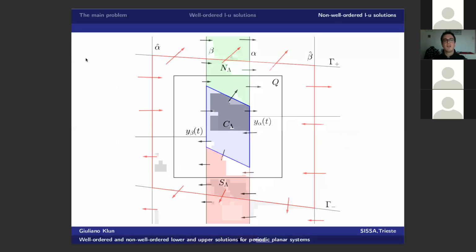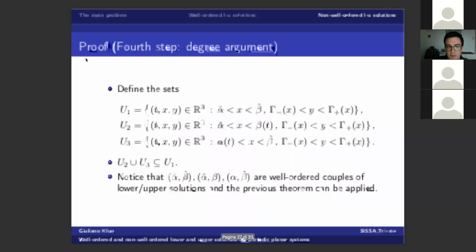The situation in the phase plane is the following. With the two functions capital gamma plus and capital gamma minus, the square Q, and the direction of the field in the most important points.